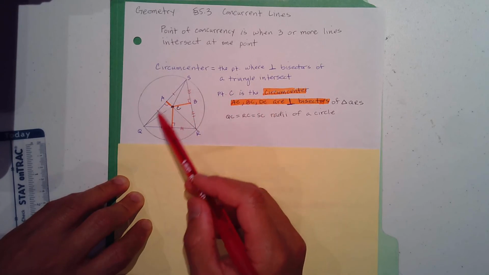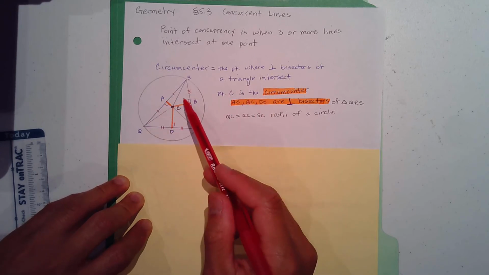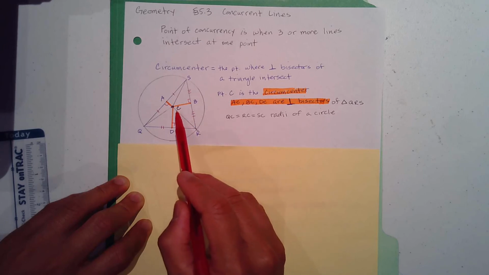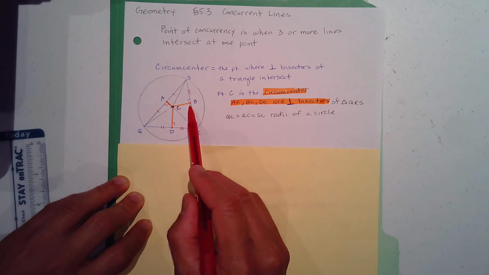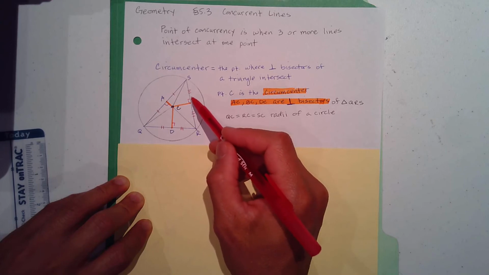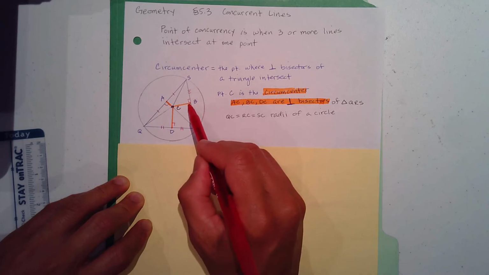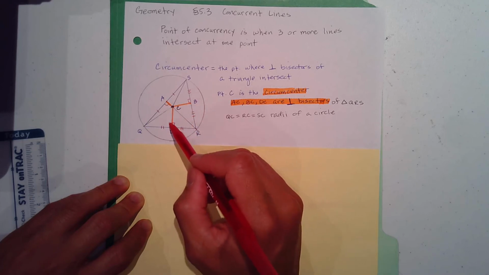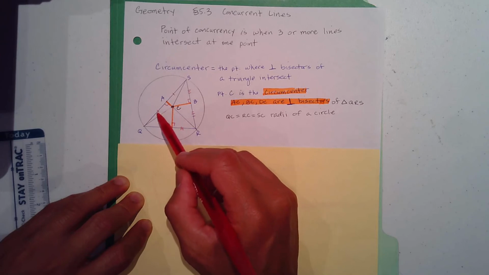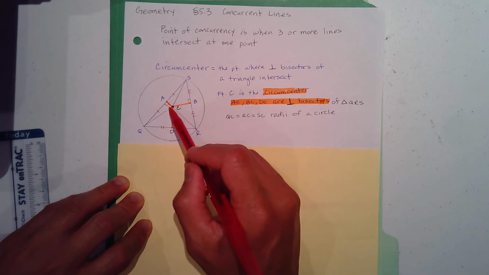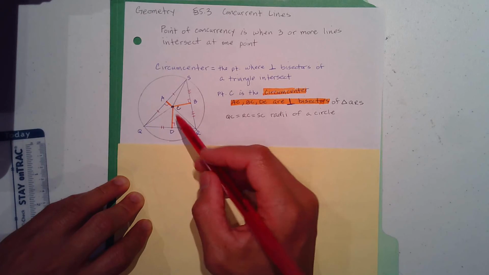So let's take a look at triangle SQR. CB is a perpendicular bisector because SB and RB are equal and we have a right angle. CA is a perpendicular bisector, creates two congruent segments and also 90 degrees.